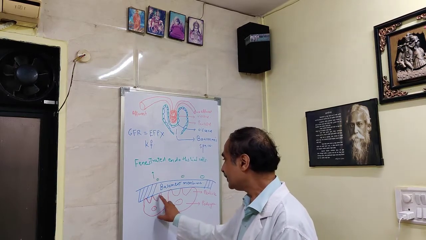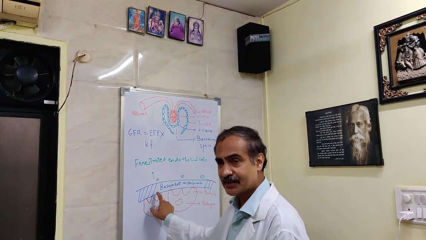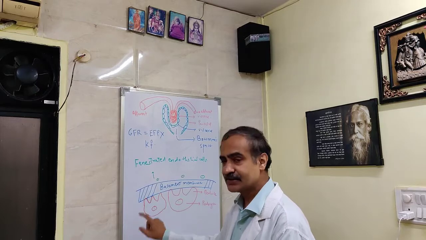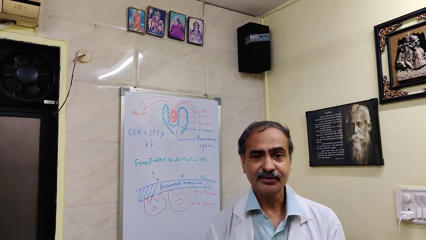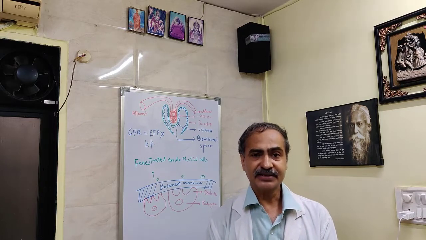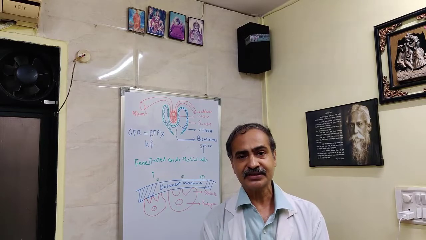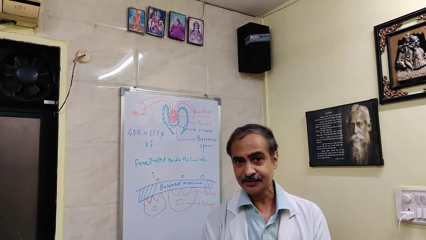Similarly, in between the foot processes, there is what is called a slit. The size of this slit is also such that it allows only the passage of water and water-soluble small molecular weight substances, but does not allow passage of large molecular weight substances like proteins, RBCs and WBCs.